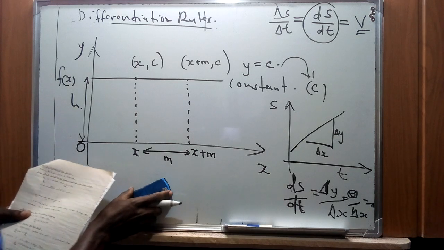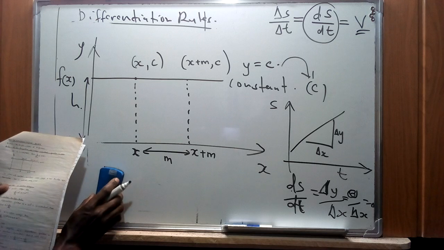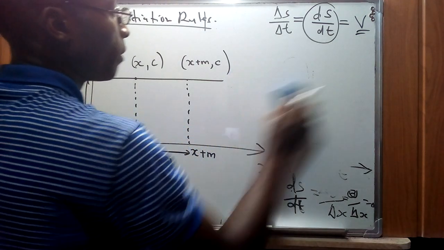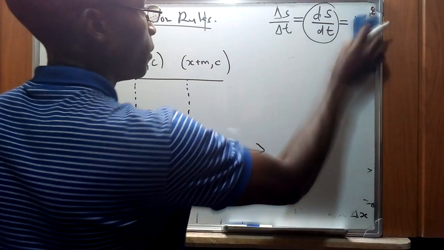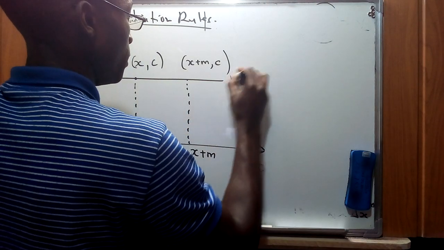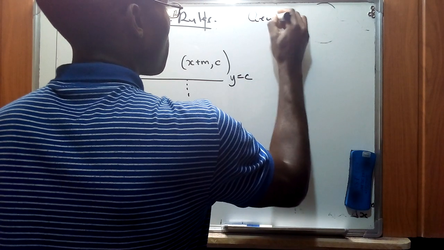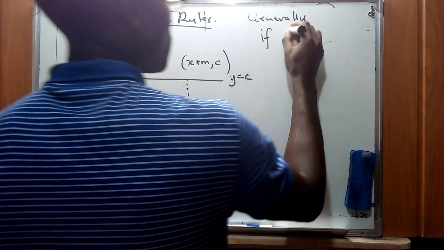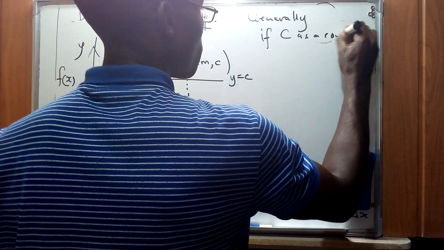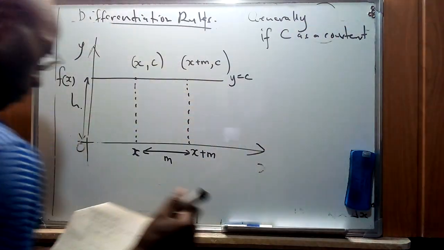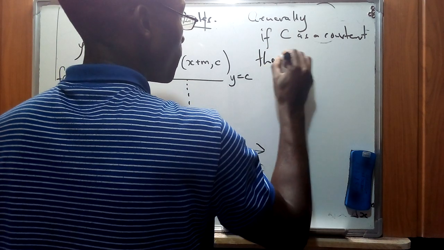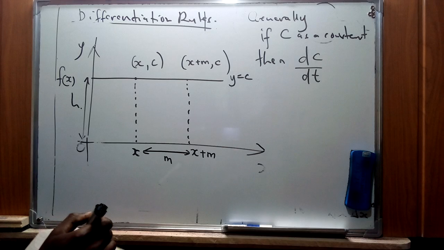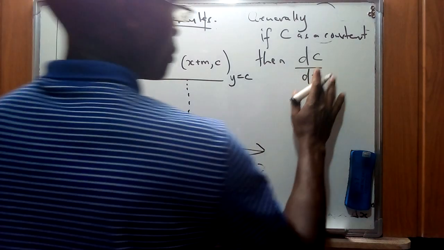Now generally, you can just do away with this one. So this was y equals c. Generally, if we have c as a constant, then we can have the derivative for c with respect to time, or the change.